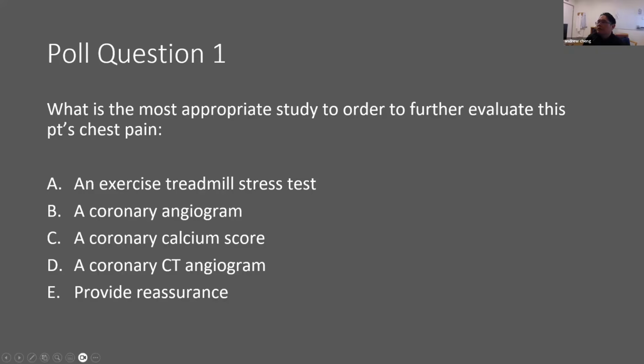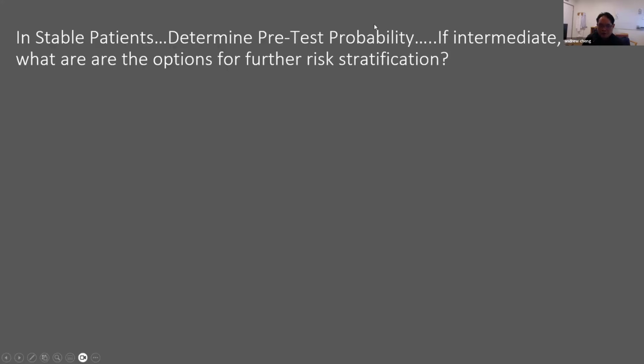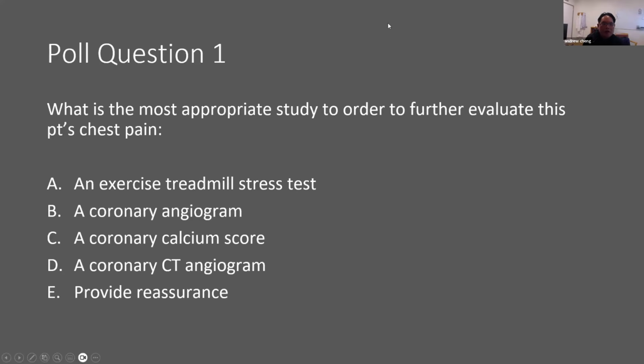I can't actually see the polls. You will be able to in a moment. You should be able to see it now. Maybe I need to just change my settings a little bit. So let's just go over this question. I can't really see. Let me see if I decrease my screen.